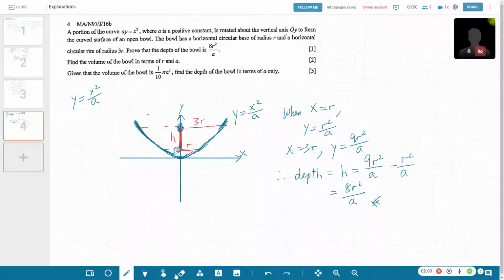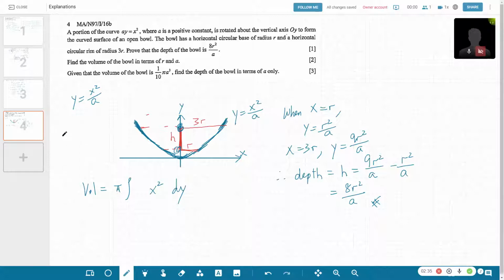Now, we need to use the volume formula. The volume formula is basically pi integrate x squared dy, because we are rotating around the y-axis. How to remember is which axis we are rotating around.